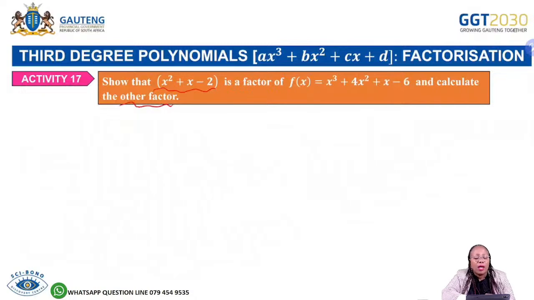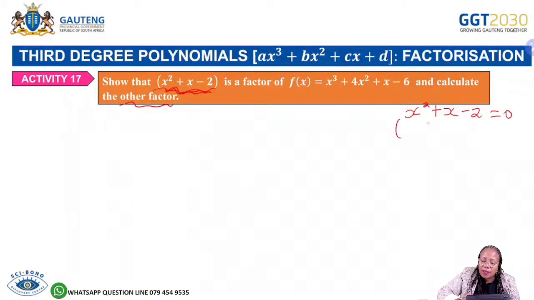If you look at this factor that is given to us, it's a trinomial factor. So we need to find factors of this, because already we are having 2 factors in there. So grade 12, now we will be taking this x squared plus x minus 2, equating it to 0, and then we factorize this to get the 2 factors. So it's factors of 2 which, when you subtract, you get a 1. That means we are taking factors 2 times 1.